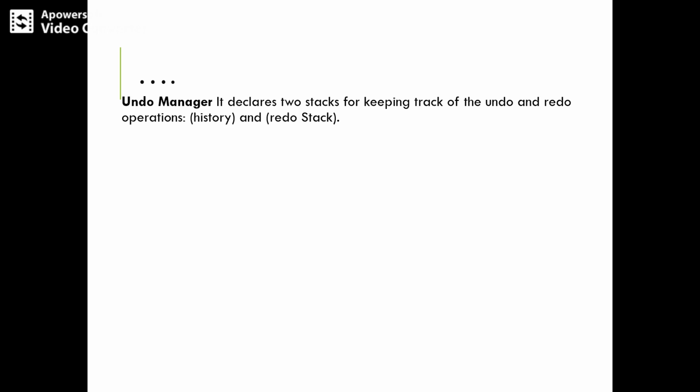If the command was not properly terminated, we handle this with the current command, which will not be null when a new command is used. So this is about the undo manager.